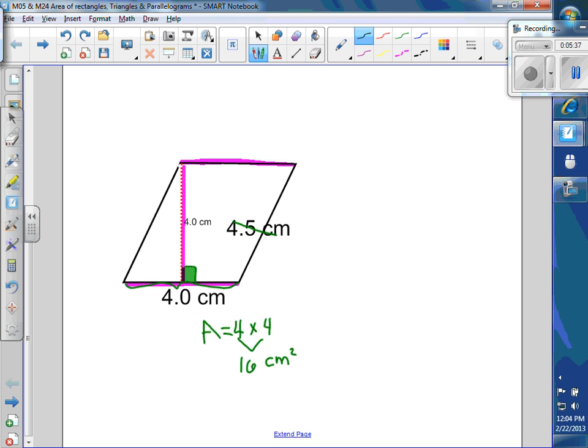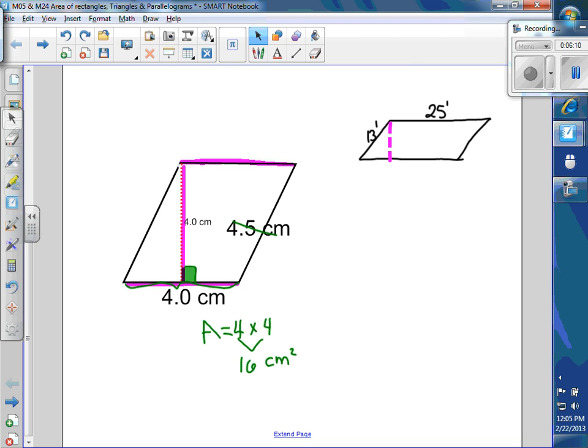So if I drew a new parallelogram, and I said that this distance was 13 feet, and this distance was about 25 feet, and then I said that this distance right here was, say, 10 feet.